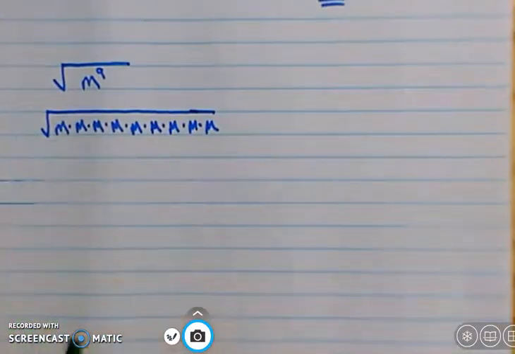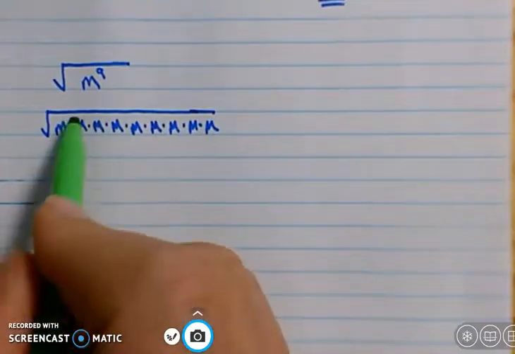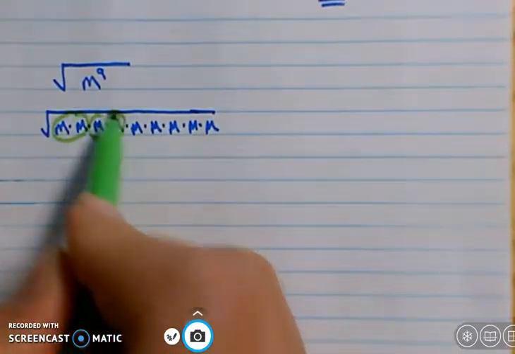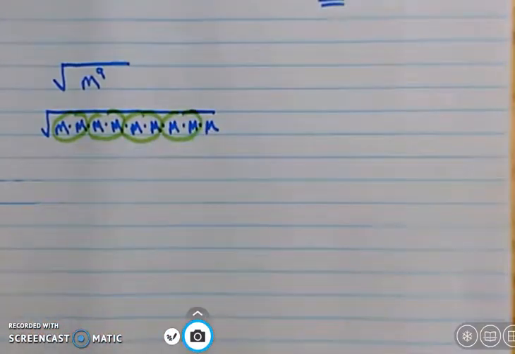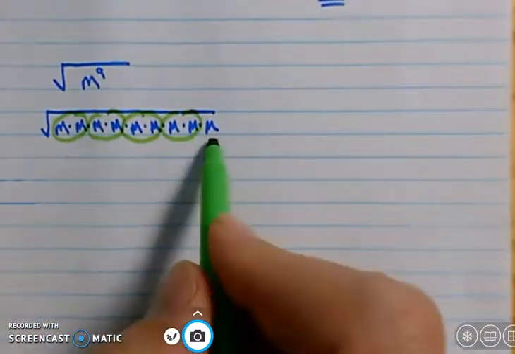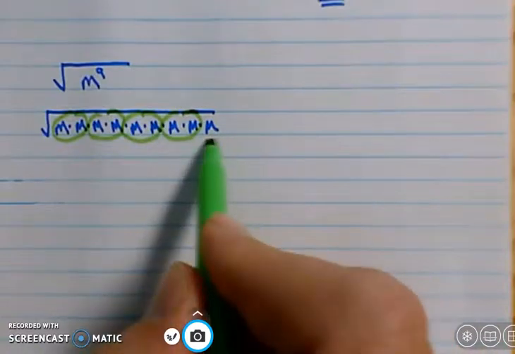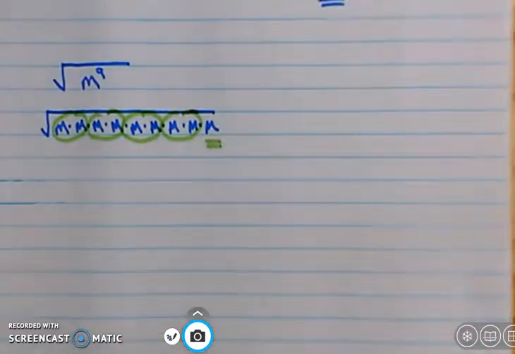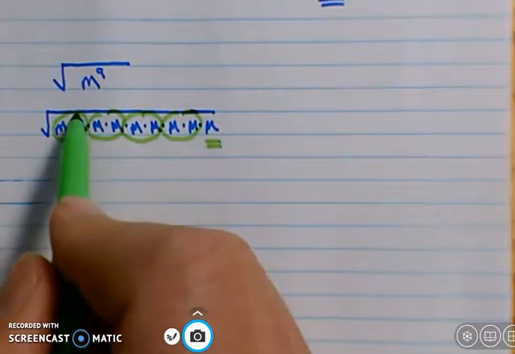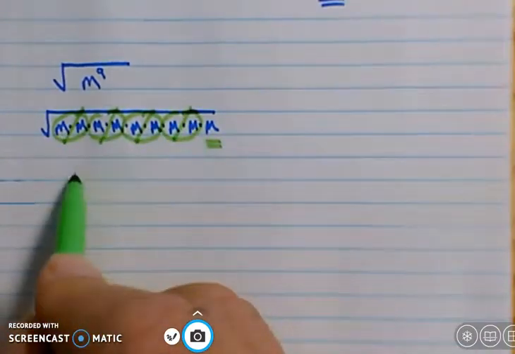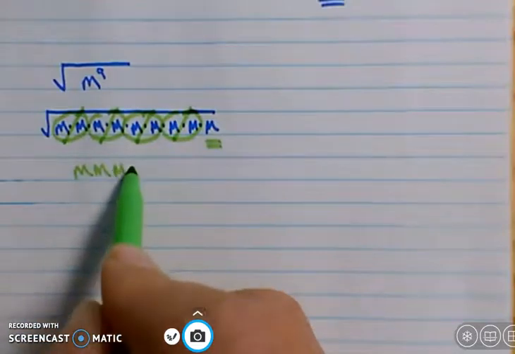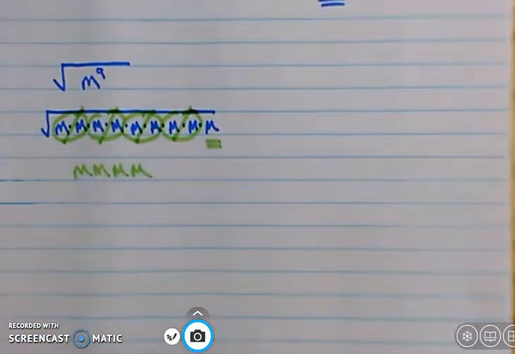And again, I'm going to circle pairs. So notice 1, 2, 3, 4 pairs. 4 pairs. But I also have an extra left over. So what I'll do is I'll take out all of those pairs. I have 1, 2, 3, 4 numbers that are perfect.